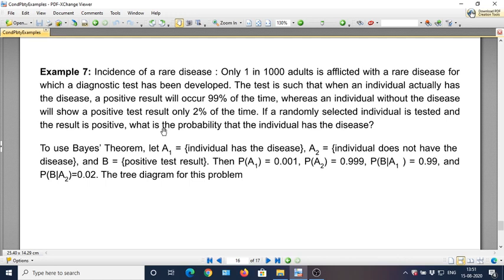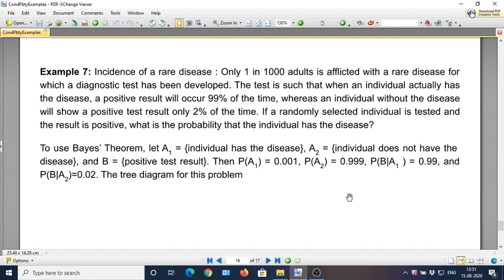Let B be the event that the test results in a positive. B given A1, where A1 is the individual having the disease, is 0.99, because 99% of the time the test identifies the disease in a diseased person. Then B given A2, a normal person being wrongly diagnosed, is 0.02.